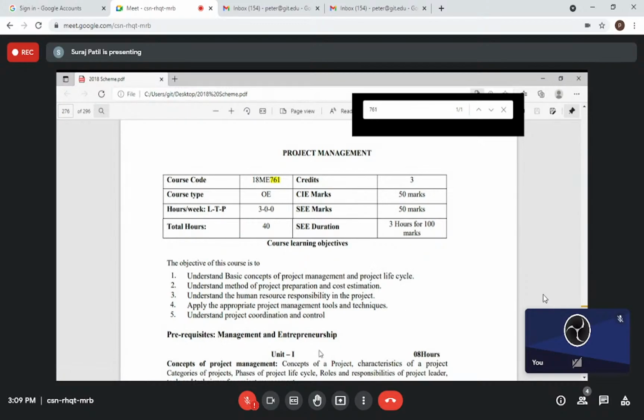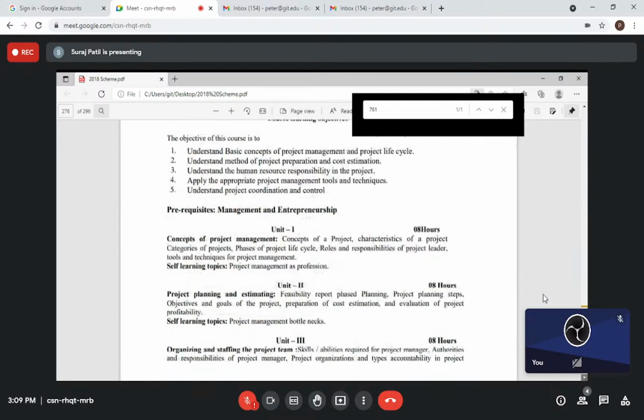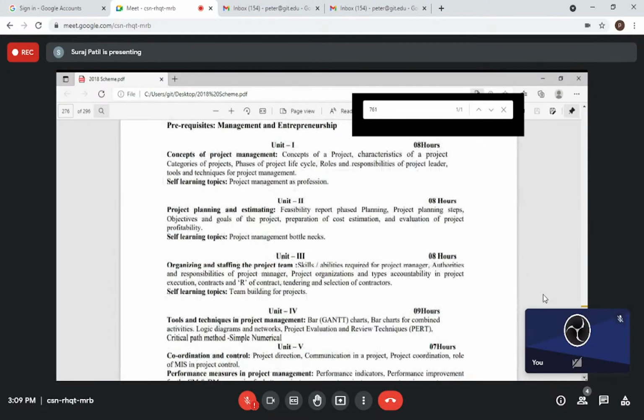The whole syllabus is divided into 5 units. In the first unit, we are going to learn what a project is: the different types of projects, the characteristics of a project, categories of a project, how the project life cycle goes on, and the roles and responsibilities of the project manager who is in charge of a particular project.